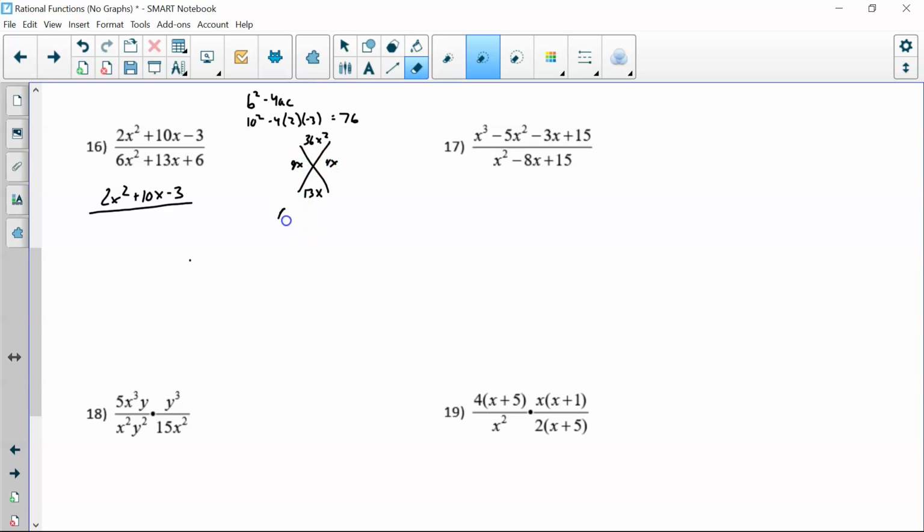So we've got 6x squared plus 9x plus 4x plus 6. Common factor of the first two terms is 3x, so we're left with 2x plus 3. Last two terms, we have a 2, and then we're left with 2x plus 3. So we factor it, we get our 2x plus 3 goes out front, and our 3x plus 2.